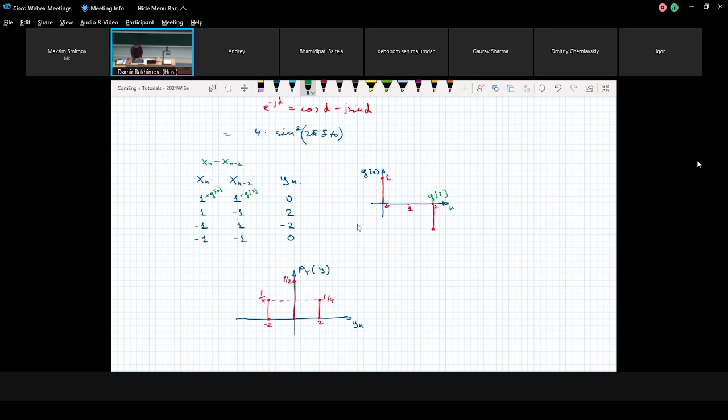And what is g of minus 1? For example here, g of minus 1. What is it? 0. Yes, it's 0, but what's the meaning of it? It's the future. This impulse response corresponds to a sample from the future.